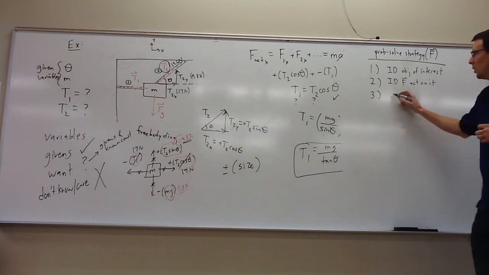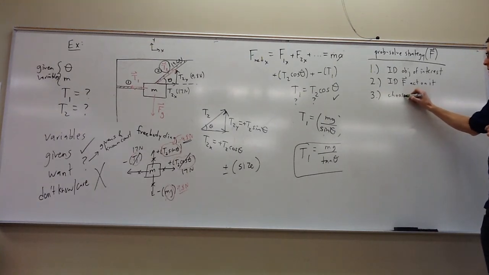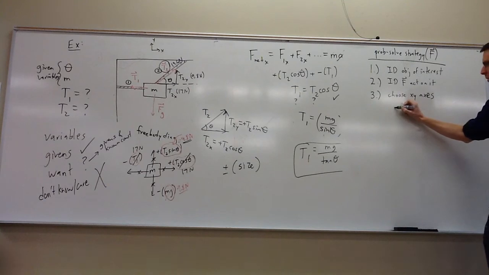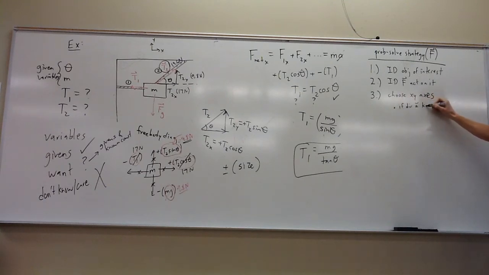Then you want to choose your axes. So here's what you do. If the direction of the acceleration is known, pick one axis along it. That is incredibly convenient. We'll see that that is what leads us into some weird choices.